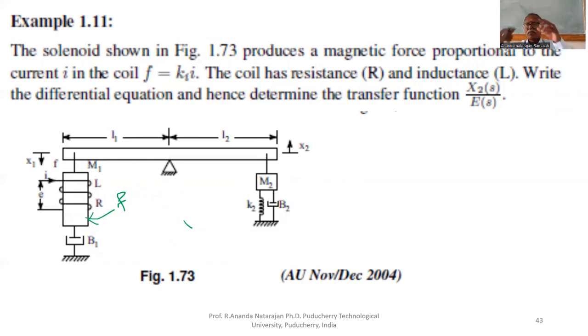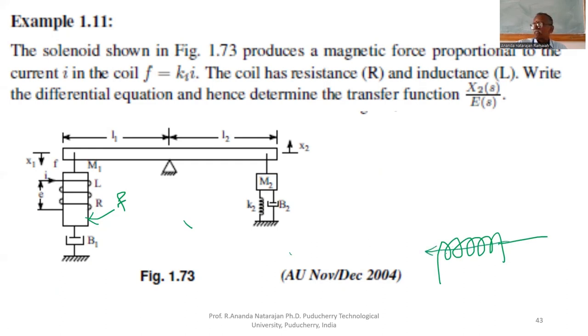You know that if you wind a coil and supply current, it becomes an electromagnet. If you put any iron outside that coil, parallel to it, like this, it will move inside automatically because of a force developed by this coil.